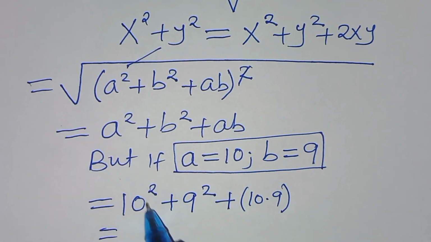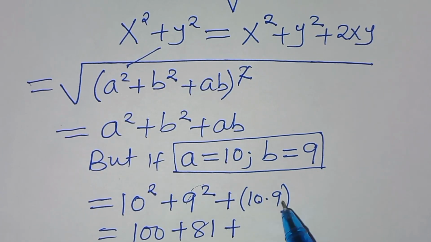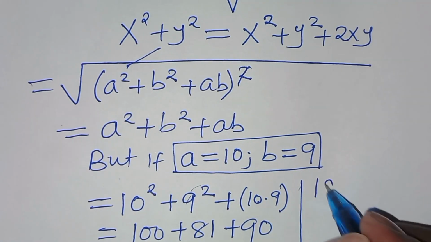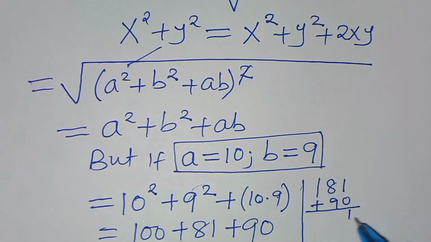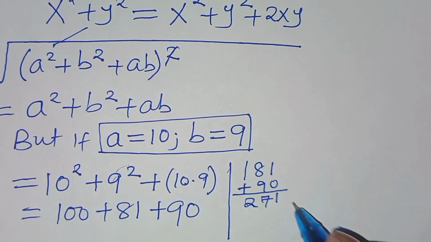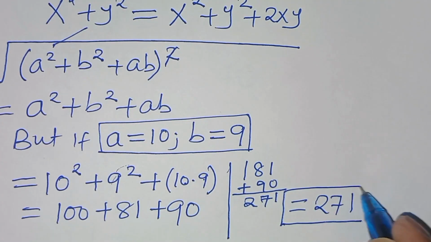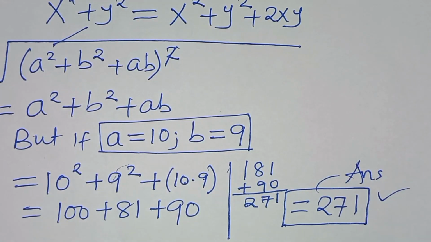So this is 10 squared, which is 100, plus 9 squared, which is 81, plus 10 times 9, which is 90. And therefore we have 100 plus 81, this is 181, plus 90. So this is basically equal to 271. So the solution to this problem is 271. So this is the answer to this algebra problem.